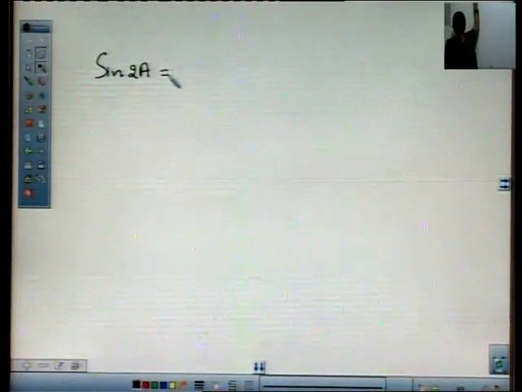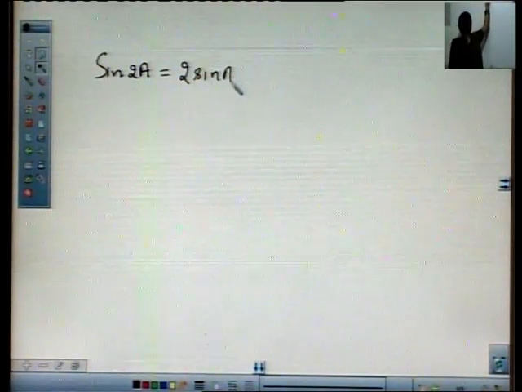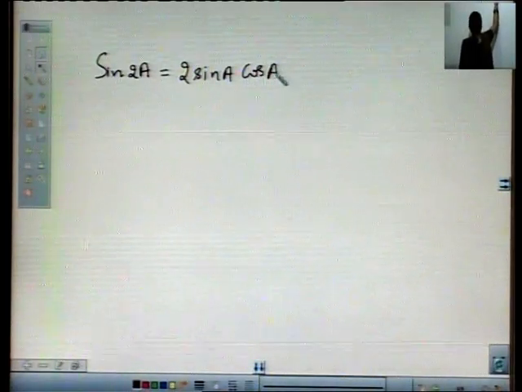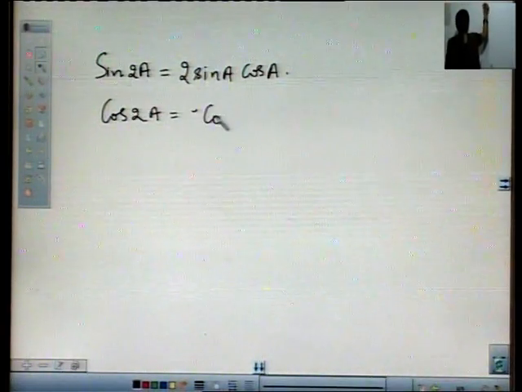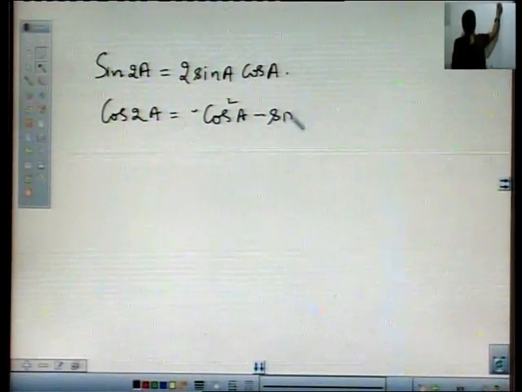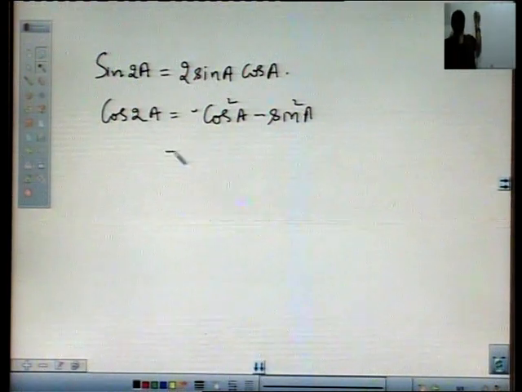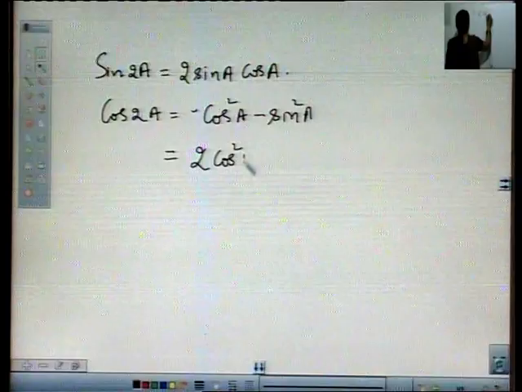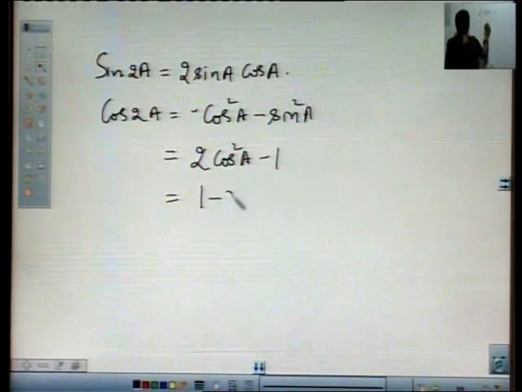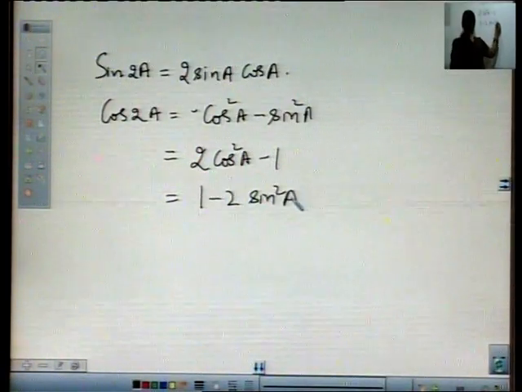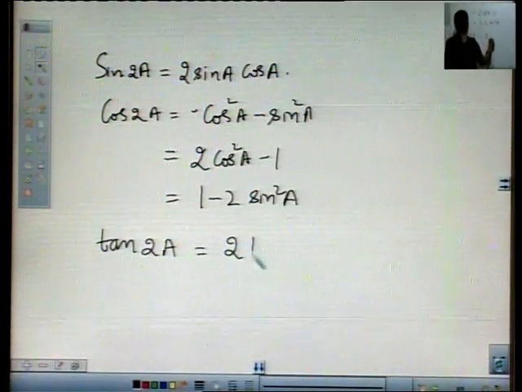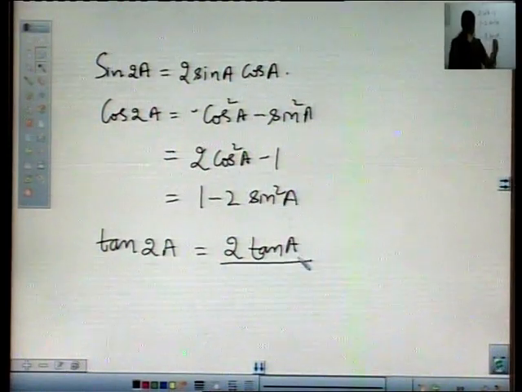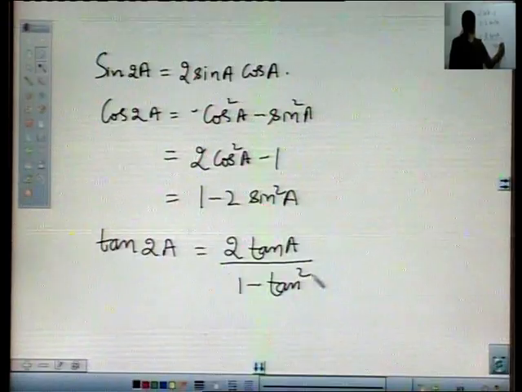Now, sin 2a is 2 sin a cos a, and cos 2a is cos square a minus sin square a, and 2 cos square a minus 1, and 1 minus 2 sin square a, and tan 2a is 2 tan a upon 1 minus tan square a.